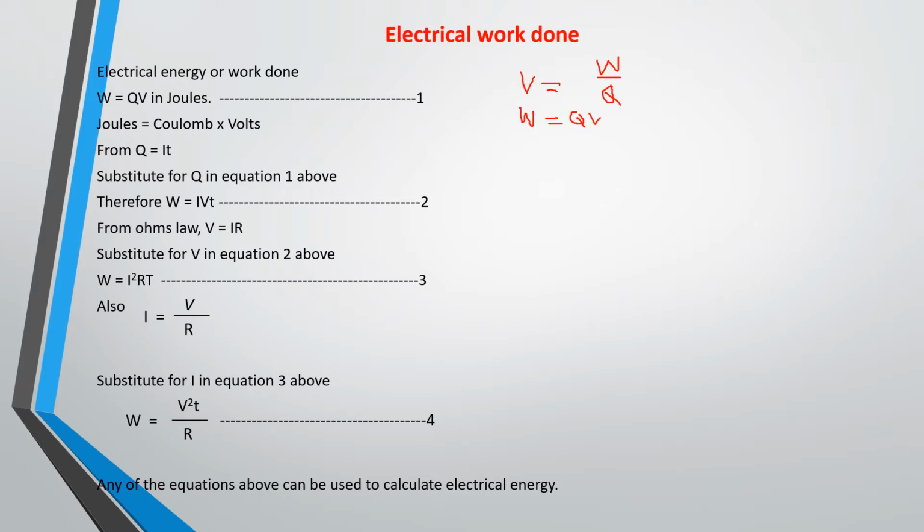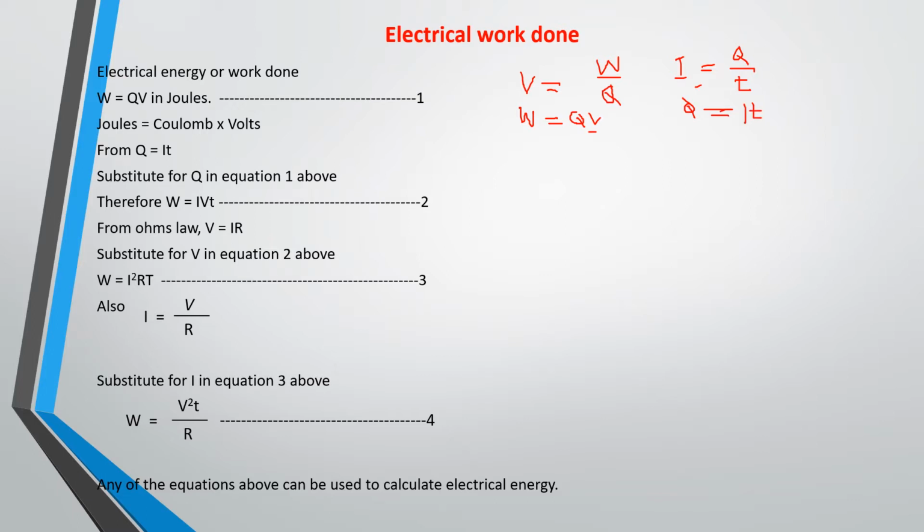Now, when we defined current, we said that current I is equal to quantity of charge over time. So Q is equal to IT, current times time.